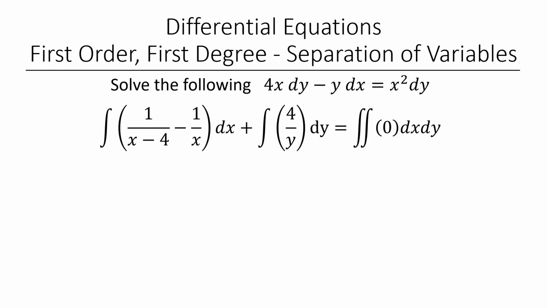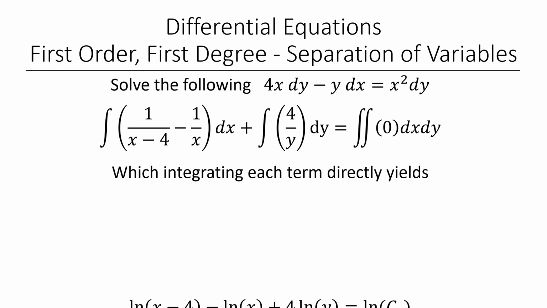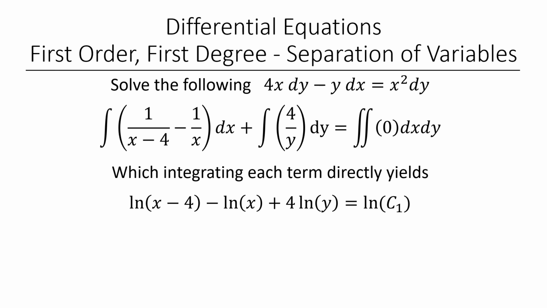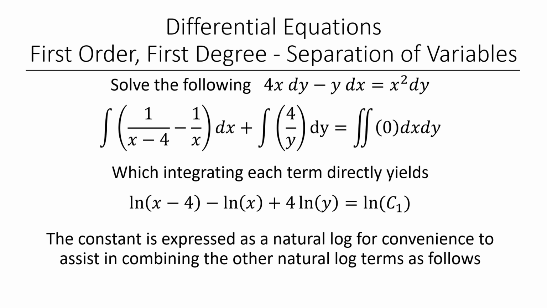So applying the integration to each term directly should yield the following. So basically every term there is going to end up being a natural log function. And so the constant we express as a natural log as well for convenience, because we're going to do some combining using some of the rules of natural logs, and we'll see what that looks like.